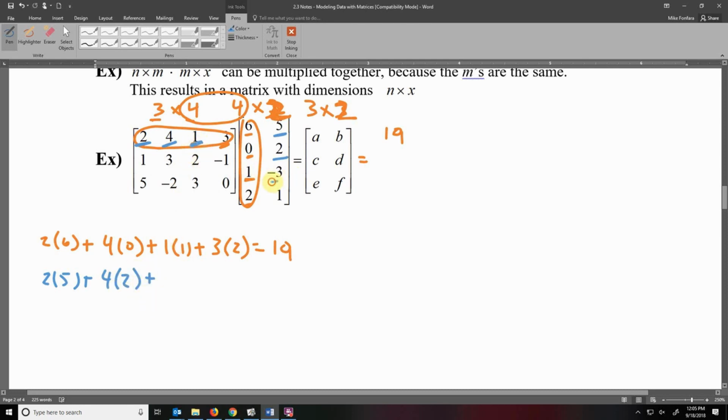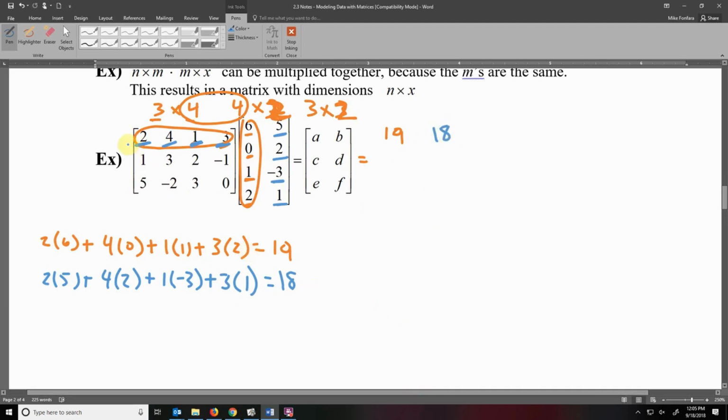Over and down, 1 times negative 3. Over and down is 3 times 1. And I'm going to add that all together. So I've got 10 plus 8 plus negative 3 plus 3. And that is a total of 18. So this second element is 18.